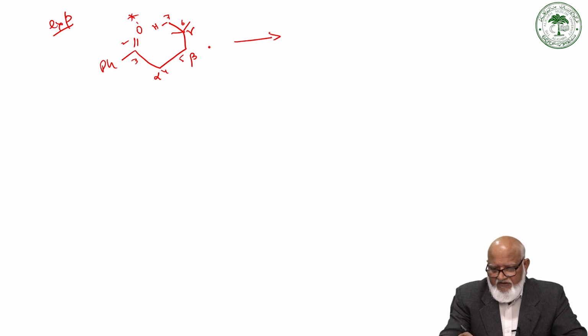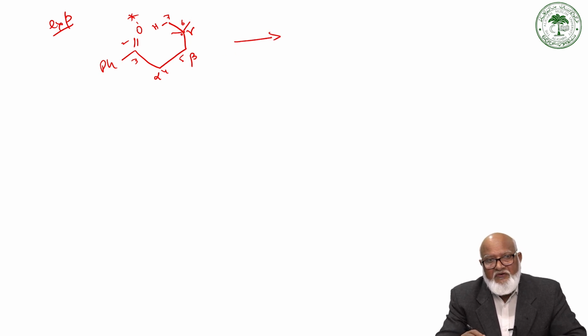There are two methyl groups at the gamma position, so there is no availability of gamma hydrogen. So here the excited carbonyl will abstract the hydrogen atom from carbon number 7.